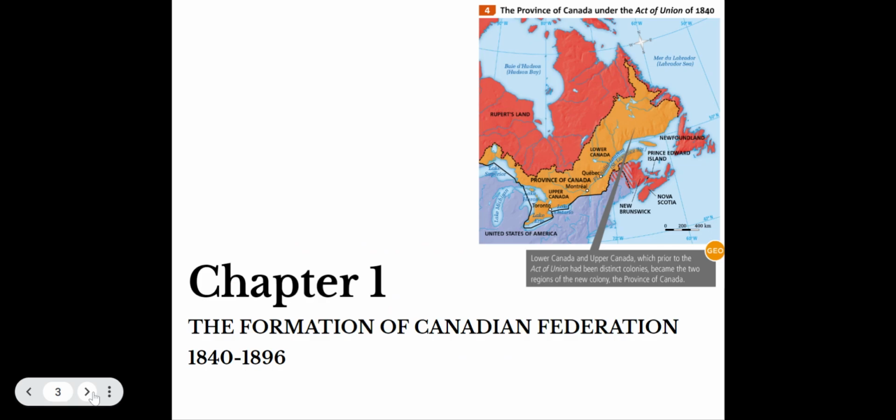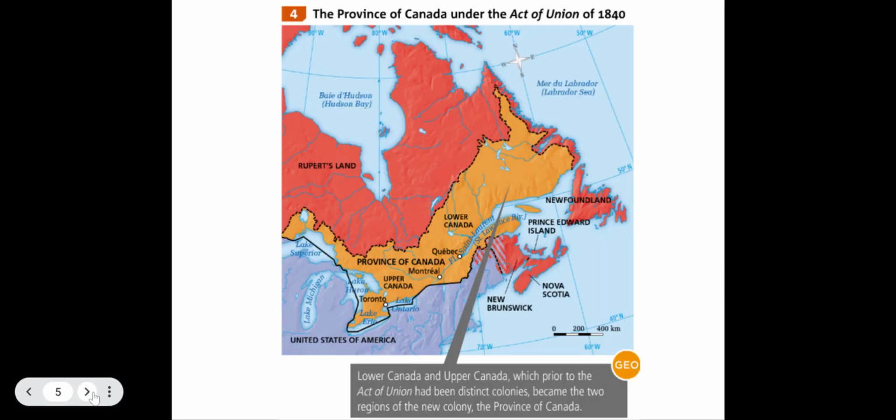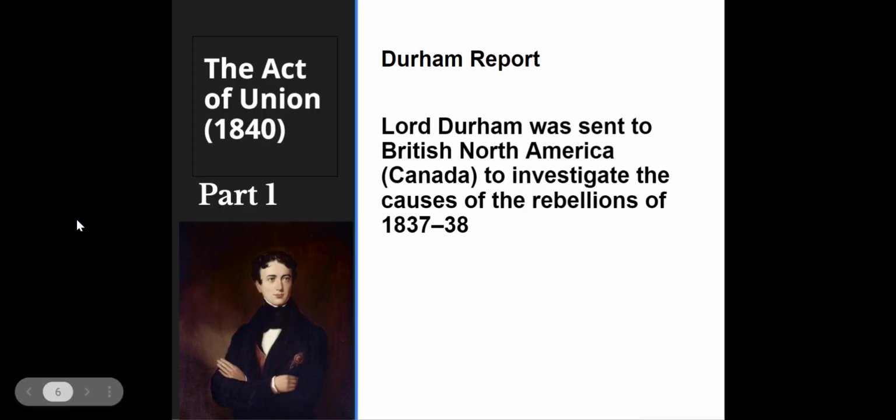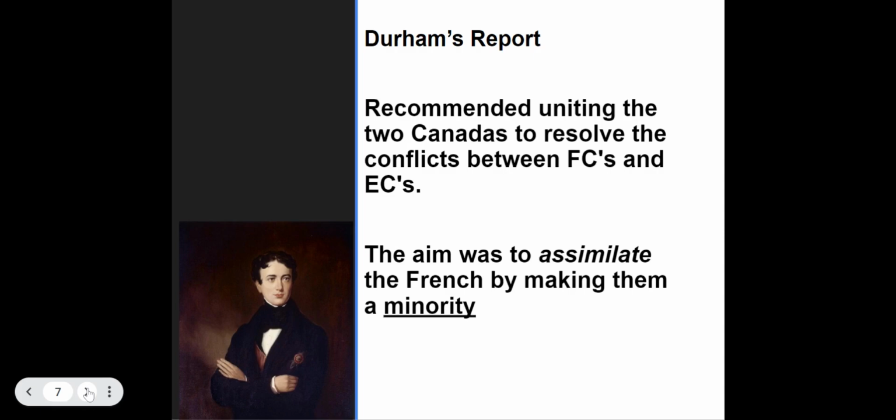All right, so chapter 1, part 1. We begin with the Act of Union in 1840. So here is the territory, Lower and Upper Canada, united to become the province of Canada. So why did this happen? Lord Durham was sent to Canada to investigate the causes of the rebellions, and he recommended in his report to resolve the conflict between the French Canadians and the English Canadians by uniting.